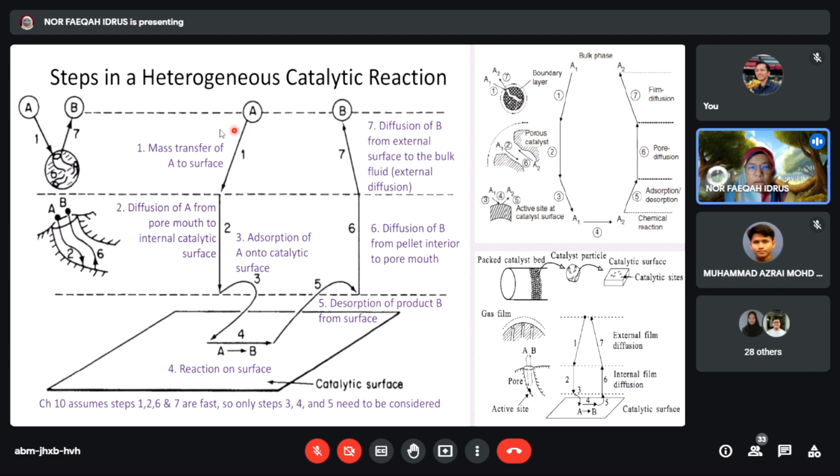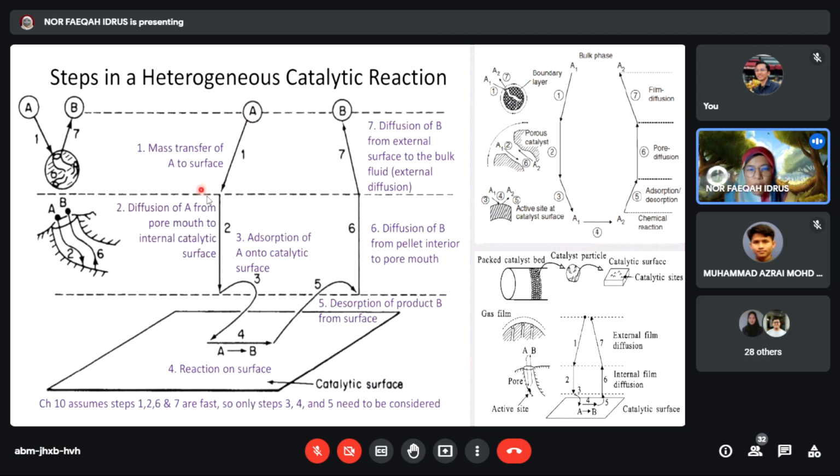First, we look at step 1 at the bulk fluid phase. What happens? Your reactant A will diffuse from the bulk fluid to the external surface of the catalyst.